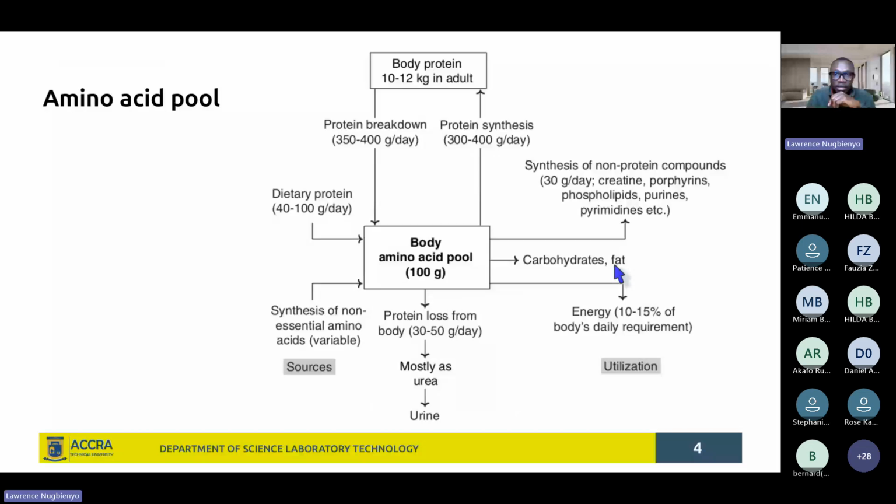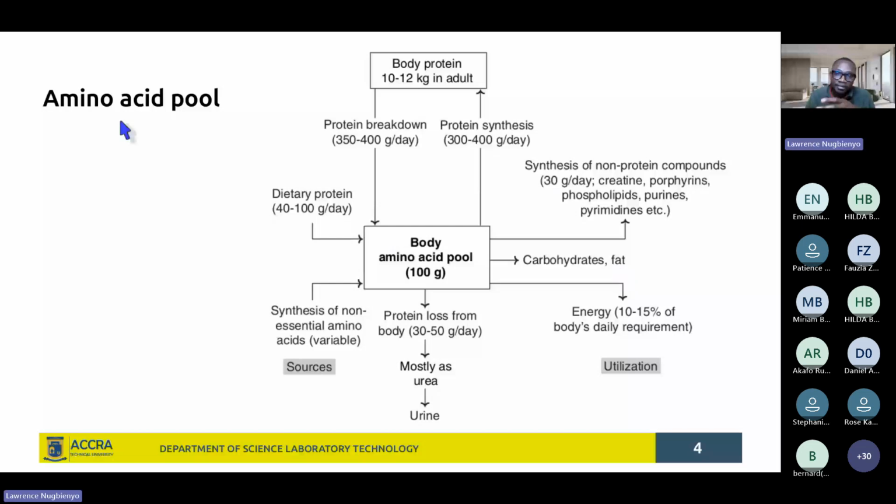Now, theoretically, or even practically, at any moment in time, we have some amount of free amino acids in the body. That amount of free amino acids in the body at any point in time we refer to as the amino acid pool.